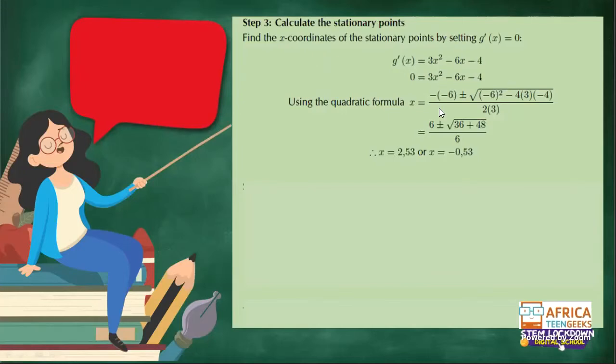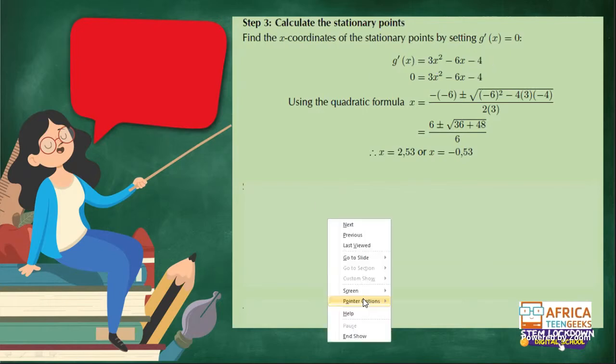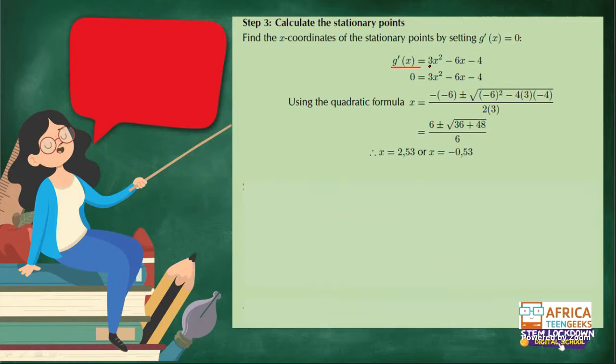In our case, like I said, there will be cases where you can't factorize easily, like in this case. Okay, so you find the derivative of your original function. So this is the derivative of your original function, okay?